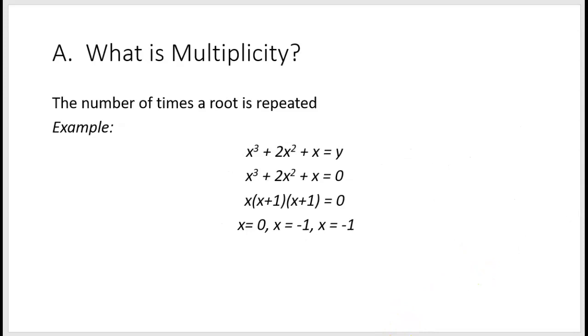Now, multiplicity actually has an effect on the graph, and we're going to look into how that is in a second. But before we do, I want you guys to be aware of something. The reason why we had 2 roots that were the same is because we had 2 factors that were the same. And since we had 2 factors that were the same, you guys agree we can write it like this, right?